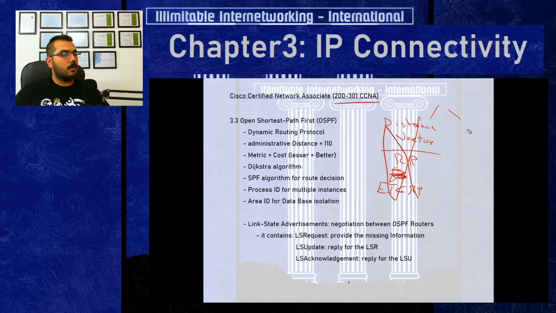The other family of routing protocols is link state, which cares about the state or the status of the link that the router will send the packet through. Some of them are like IS-IS, which you will study in any service provider certificate, and the other one that we will talk about is OSPF.